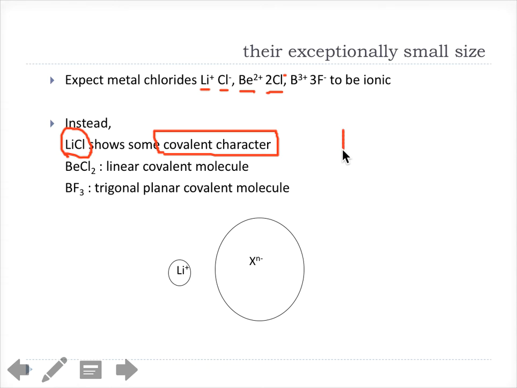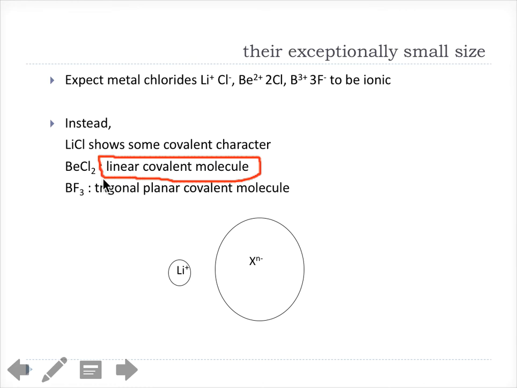Lithium chloride is still effectively an ionic compound, but within the bonding, we see some covalent character, and I will explain what this means later on in the next slide. For beryllium chloride, we saw in the previous slide where we drew the Lewis structure that it is actually a linear covalent molecule. This is not that it has only covalent character. This is a totally covalent molecule.